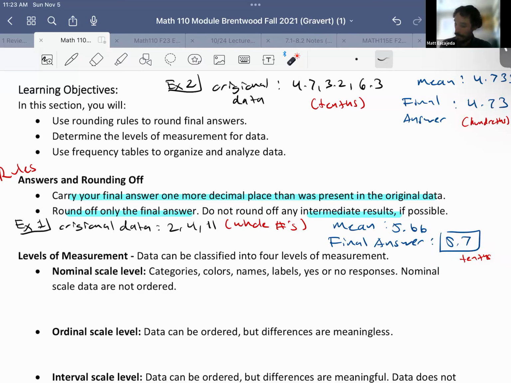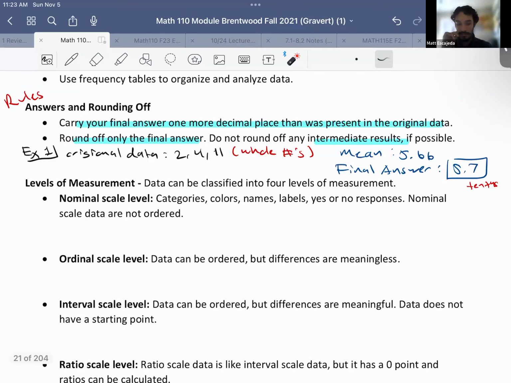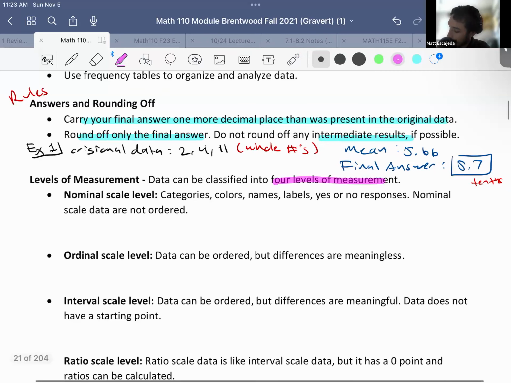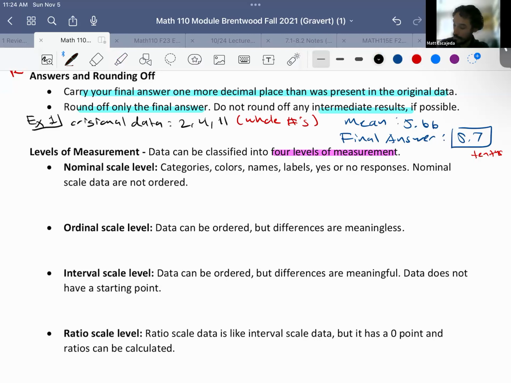Okay, so let's look at levels of measurement now. Data can be classified into 4 levels of measurement. The first one is the nominal scale level, and this is categories, colors, names, labels, yes or no responses, and nominal scale data are not ordered.